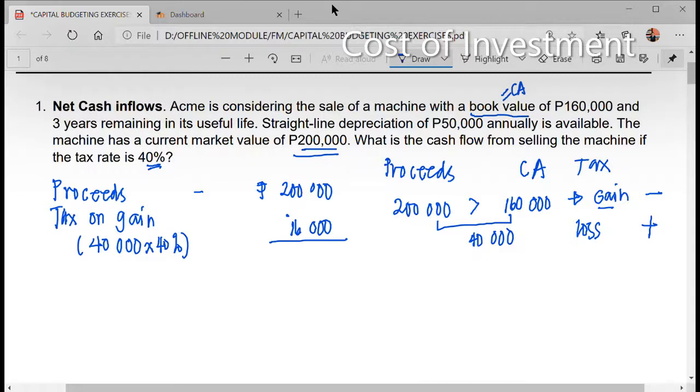Since this one is a gain, you're going to deduct. So that would be 184,000. Since there is no mention of avoidable repairs or trade-in value, only the proceeds are placed here. So this is our net cash inflow, 184,000.